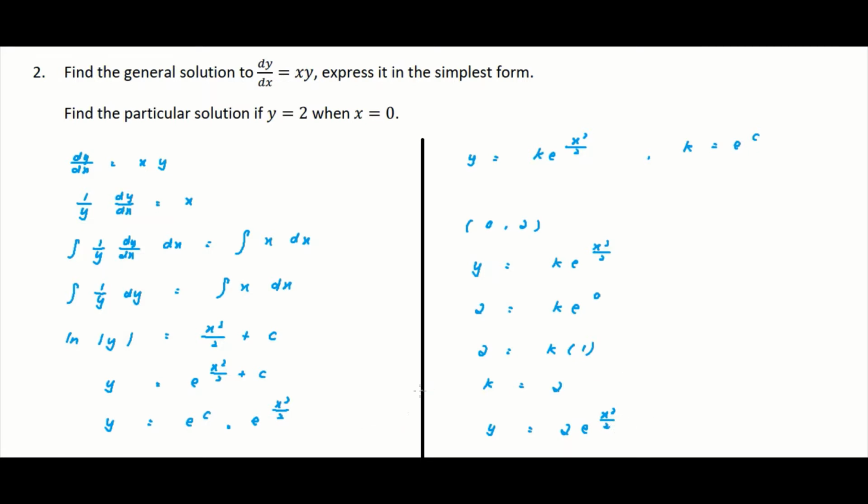This is just for your information that it depends on you whether you want to substitute at the first when you just completed your integration, or you want to express it in terms of y first and after that you continue. But normally I would say, for the terms where you need to deal with exponential, meaning you are going to change your ln y, then y equals exponential something, it will be easier to form your general equation first, because in this case you are only solving for your k.